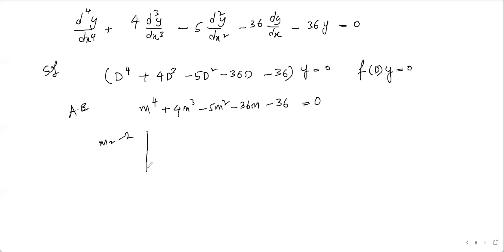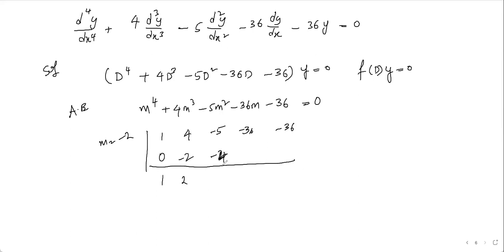So the coefficients of the above equation are 1, 4, minus 5, minus 36, minus 36, right? Now put 0 here. So add this, you get 1, multiply this by minus 2, add this again, this is 2, and again multiply by minus 2, minus 4.